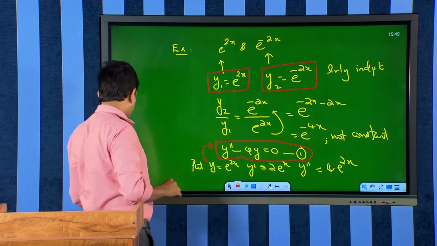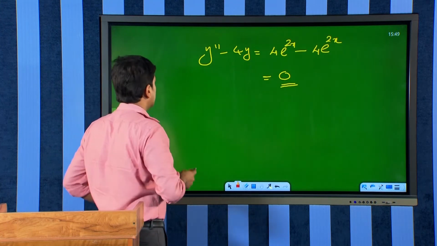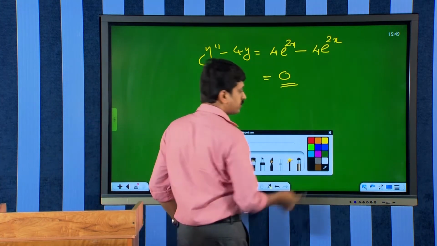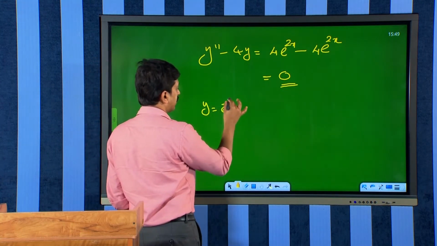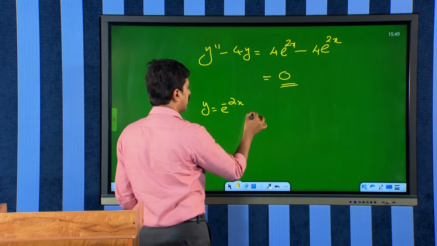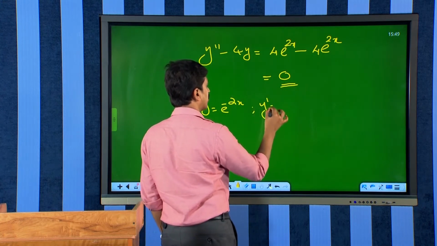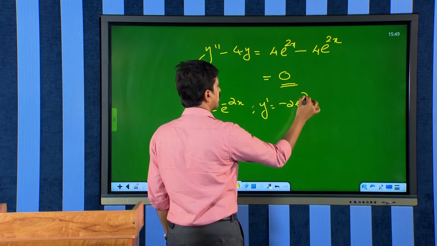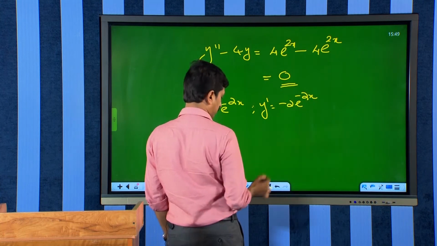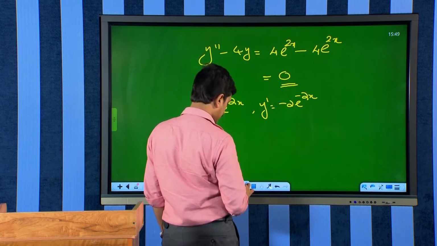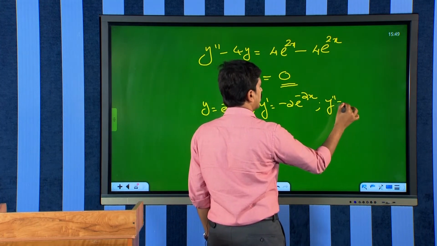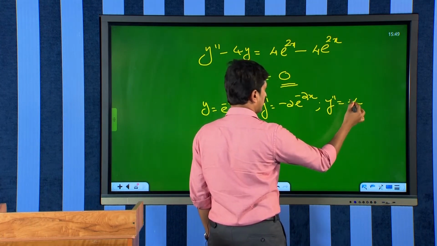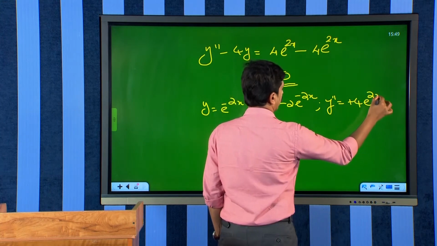And similarly, I would like to say y is equal to e raised to minus 2x. Think about y dash is equal to minus 2e raised to minus 2x, and y double dash is equal to minus 2 and minus 2, plus 4e raised to minus 2x.